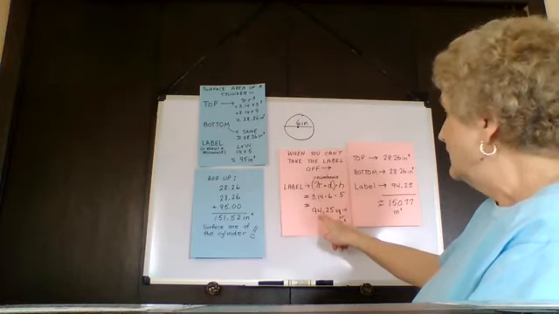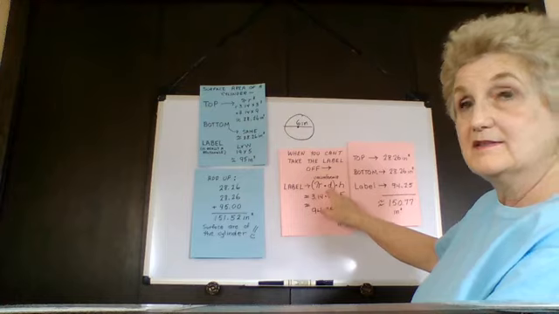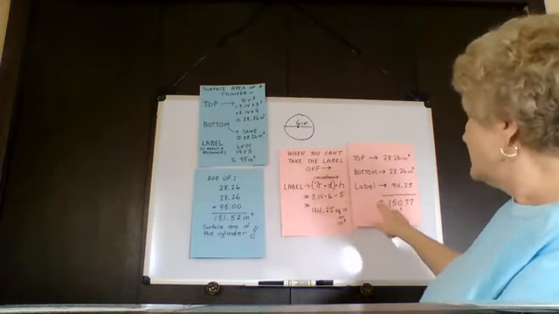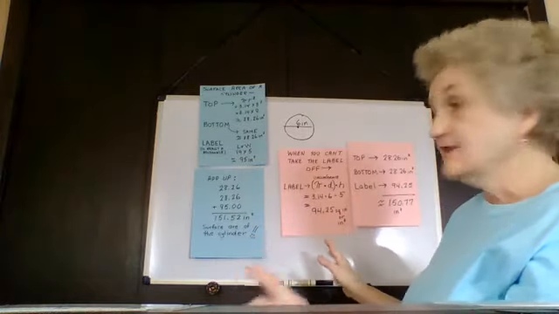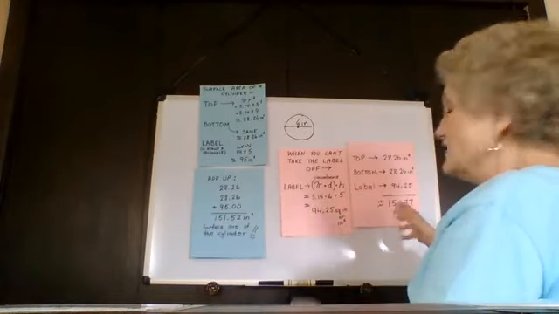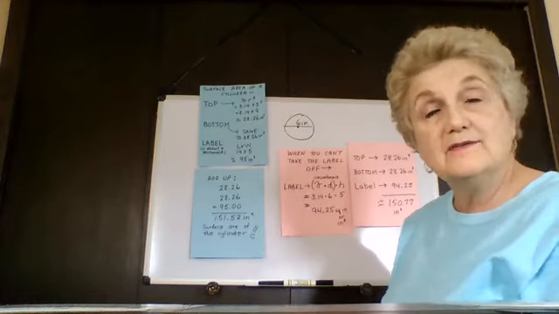Now I'm going to add my label made with this formula, because this is the formula I use when I can't take the label off, 94.25, and I get approximately 150.77 for my total surface area of the cylinder. Look at that, 151.52, 150, so it's approximately 151 square inches.